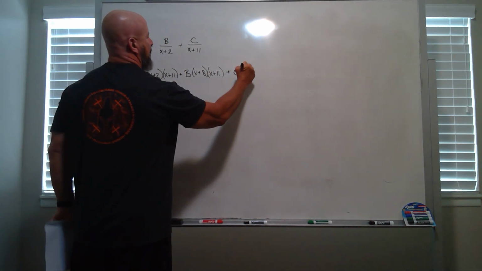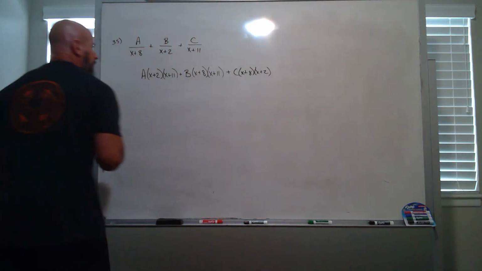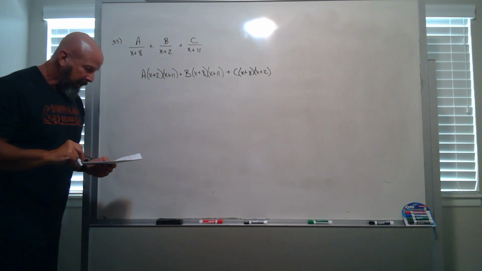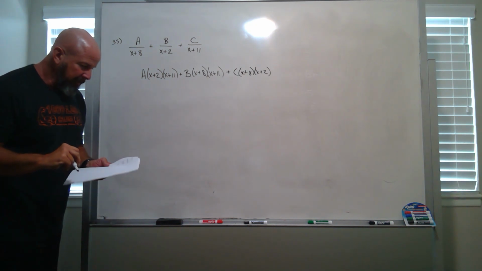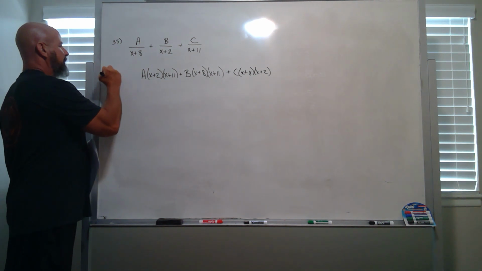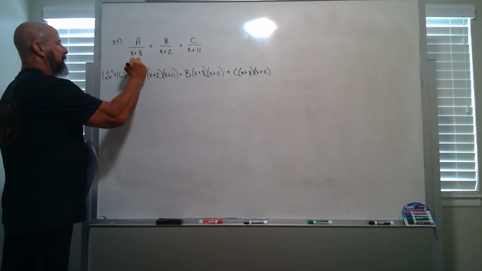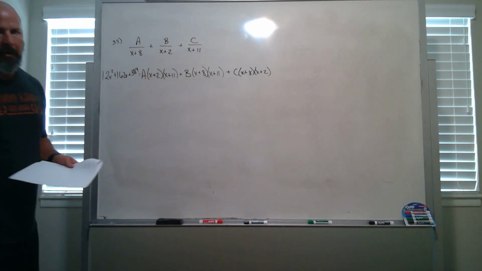So C times x plus 8, x plus 2. And I know that equals the 12x squared plus 162x plus 384. I have a large value there.